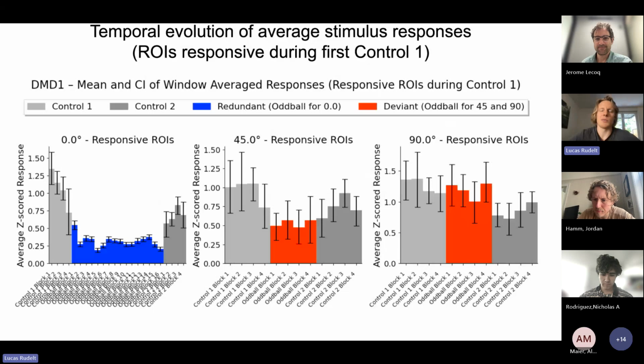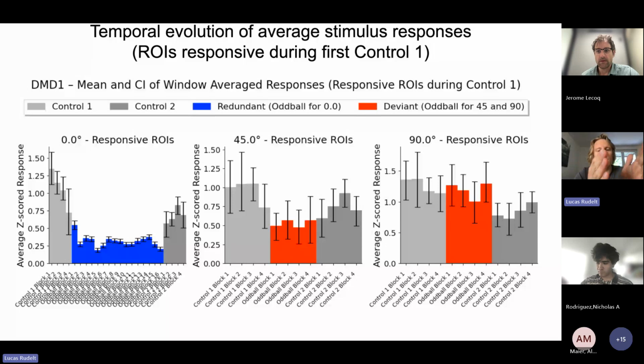Great. So let's move on to the temporal evolution of average stimulus responses. It's a very trivial analysis. It's essentially the same thing as before, but now I'm splitting the blocks, like control 1, oddball, control 2, into sub-blocks to see how responses evolve over the experiment.